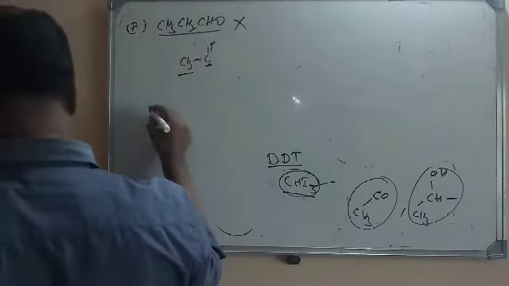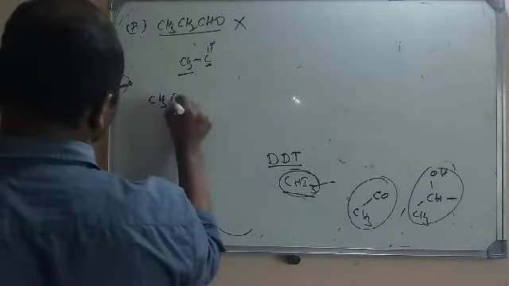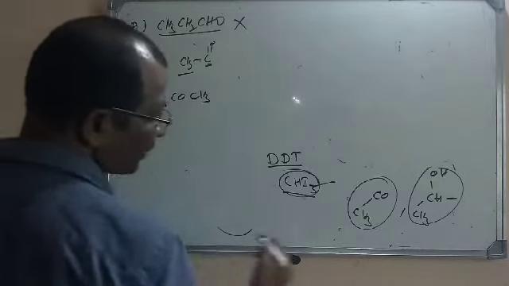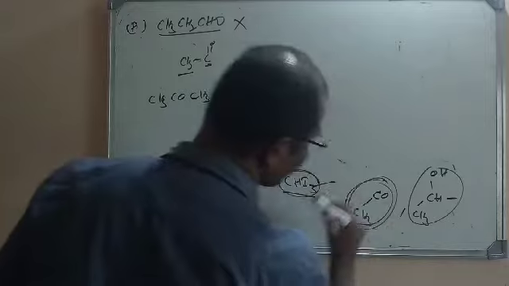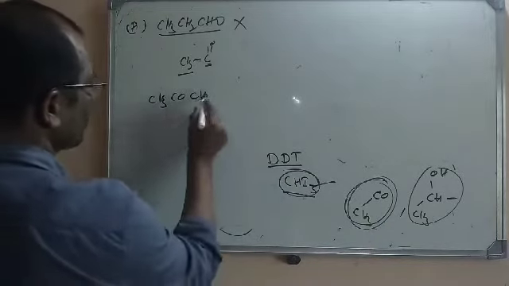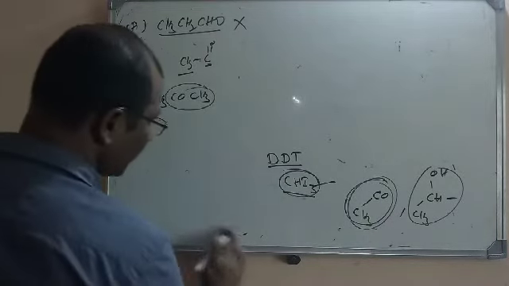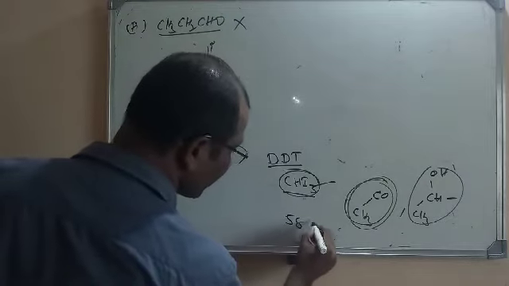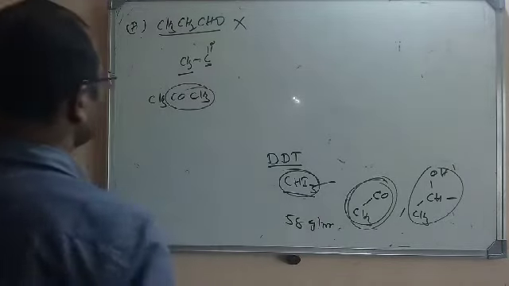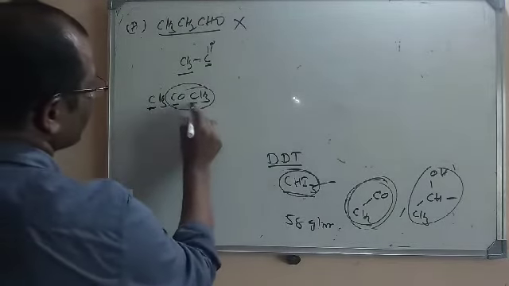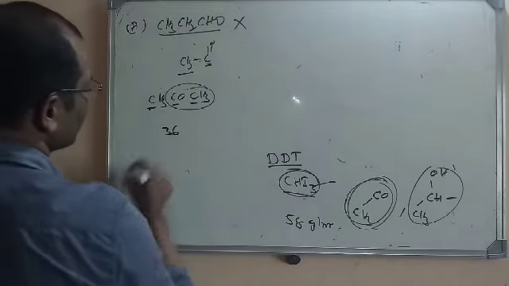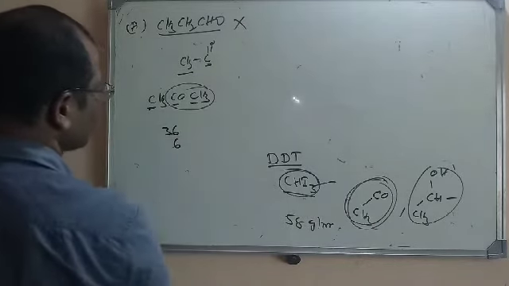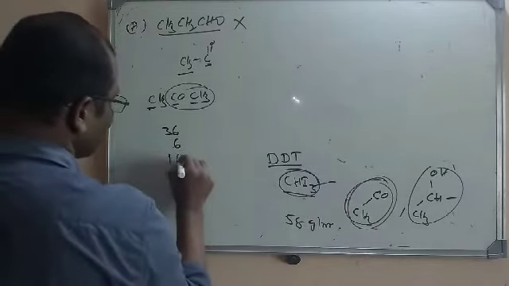Let us see the second option, CH3COCH3. I told you, if COCH3 is there, it will give the iodoform test. Yes, it can give. Its molecular weight, as I just told you, is 58 grams per mole. Let us check here: 3 carbons, so 36 grams, 6 hydrogens, 6 grams, and oxygen 16 grams.